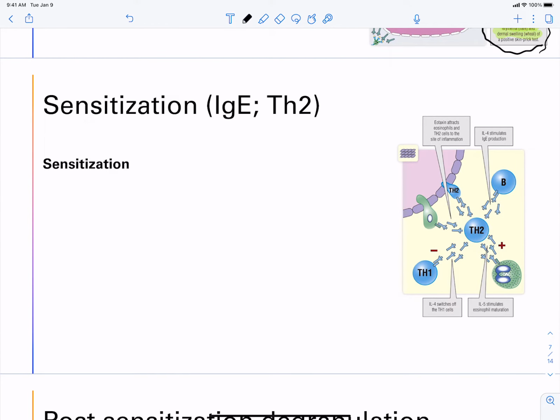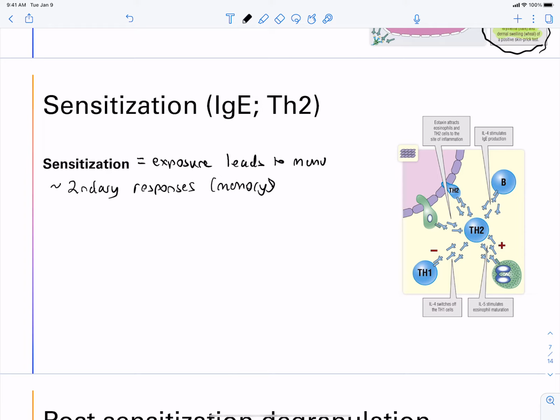Okay, so for sensitization, we have, of course, the allergic response is a memory response. Sensitization is the same thing as that primary exposure, so it leads to memory. So the actual allergic response is a memory response.